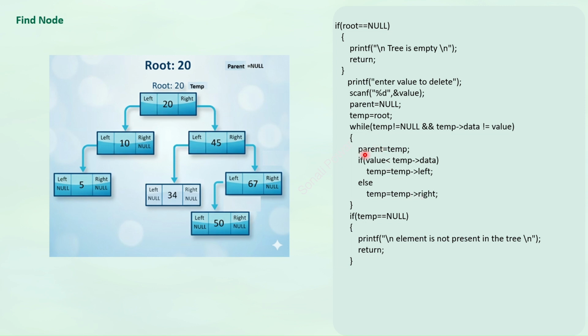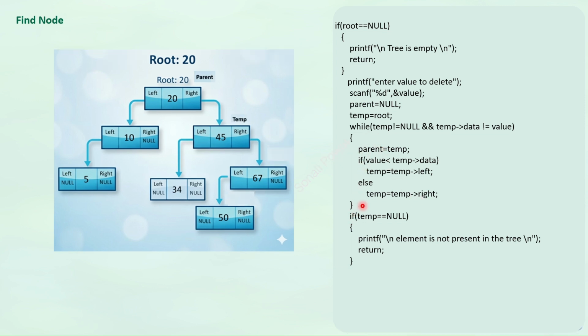After completion of one iteration of the while loop, this will be your result. Parent will be pointing to 20 and temp will be pointing to 45. Again, we enter the while loop as temp is not null and temp data is not equal to 50. And we said parent equal to temp, meaning bring the parent to this location.